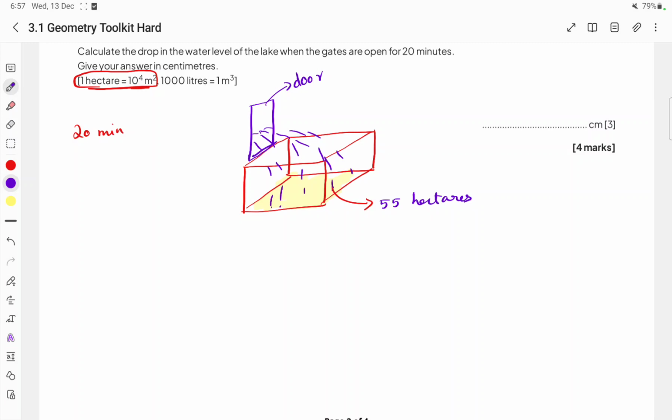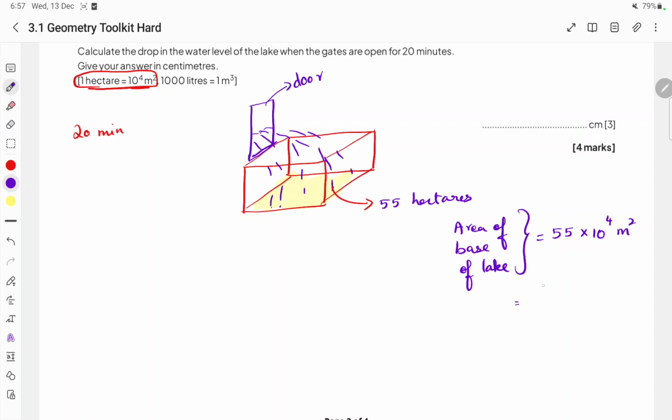So if you have to calculate in terms of meter square, the area of the base of the lake will be equal to 55 hectares. 1 hectare is 10 power 4, so 55 hectares will be equal to 55 into 10 power 4 meter square.